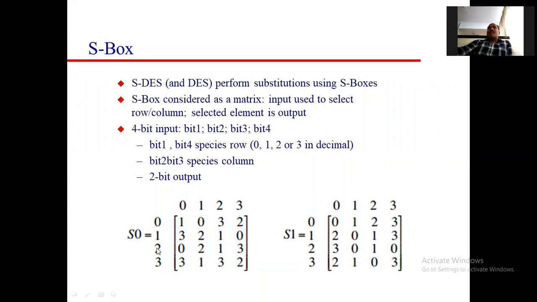At the 0, 0 position, we have 1. At 0, 1, we have 0. At 0, 2, we have 3. At 0, 3, we have 2. Again, at 1, 0, we have 3. 1, 1 is 2. 1, 2 is 1. 1, 3 is 0.